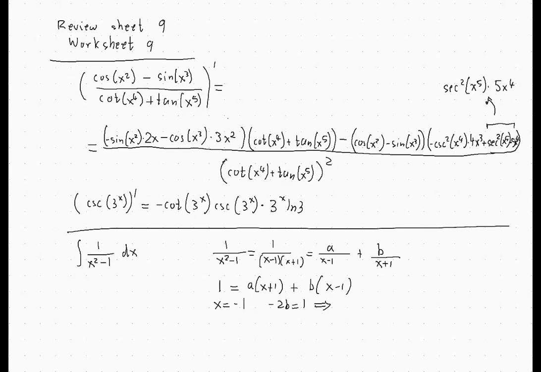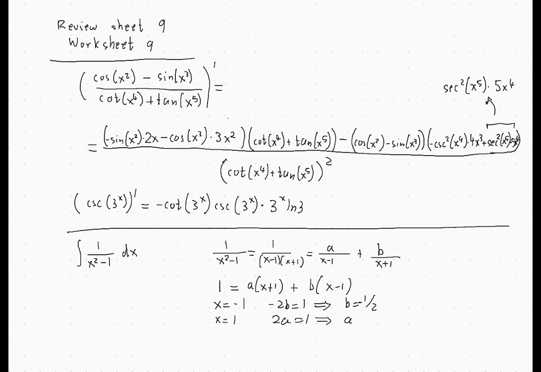And if you set x to be equal to 1, so you plug in the roots of the denominator, in other words, then you will get 2a is equal to 1. You could actually solve this in a more traditional way by forming a 2x2 system, but that's in some sense a very nice shortcut.